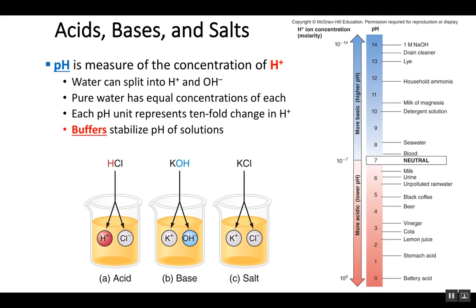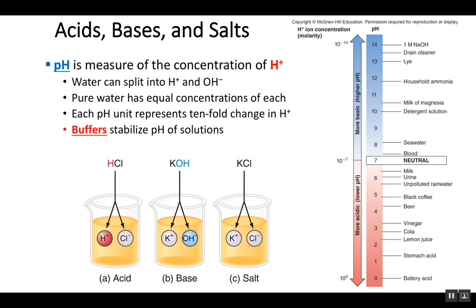Notice some of these other body fluids on the list. Urine is slightly acidic. Usually we say normal urine is about 6. So that's 1 pH unit below 7. So it's acidic. Now, a couple things to remember. Each unit on the pH scale is 10-fold. So it's 10 times. It's not 1 times.